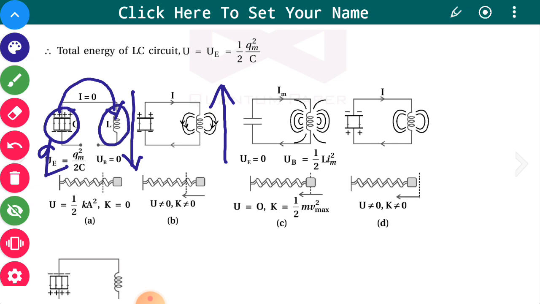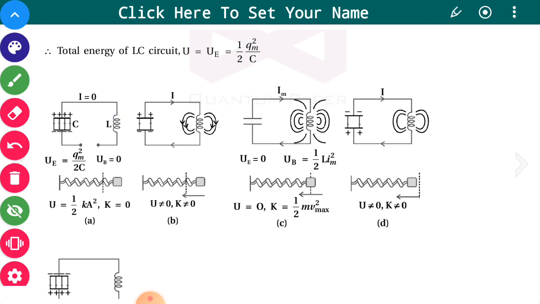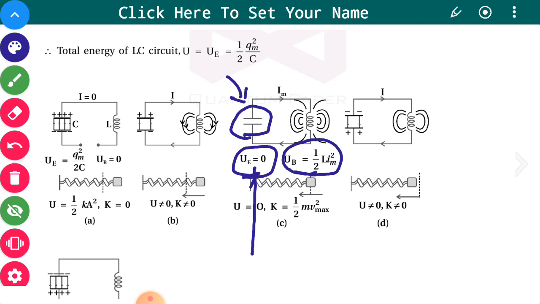And whenever the charge becomes 0 with the capacitor, no charge with the capacitor, then energy associated with the inductor is maximum, and the energy associated with the capacitor becomes 0. And maximum current is, say, Im in the circuit. At that time, what will happen?